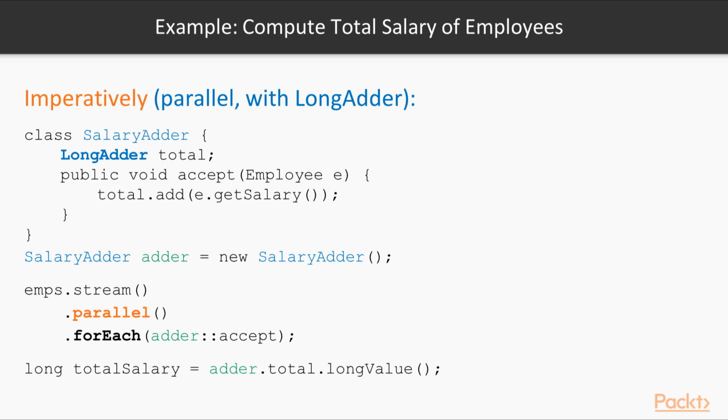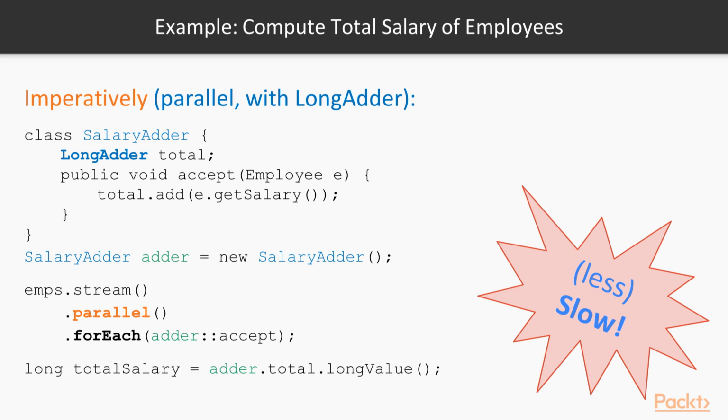We need to use it with its appropriate methods, such as add, and then we can get the final result using its longValue method. As we will see in a minute, this also provides the correct result. It's faster than synchronizing the whole method, but it's still substantially slower than the stateless functional versions.